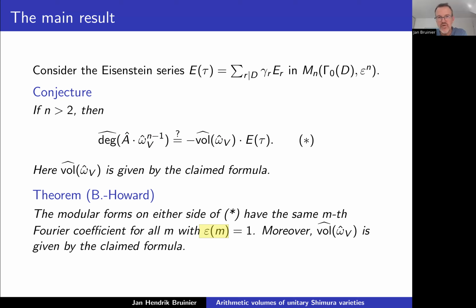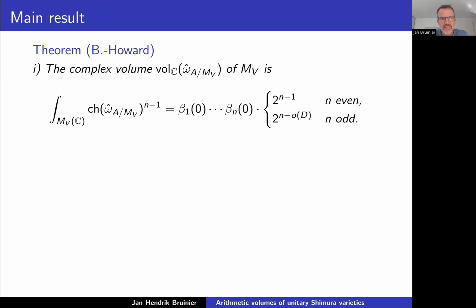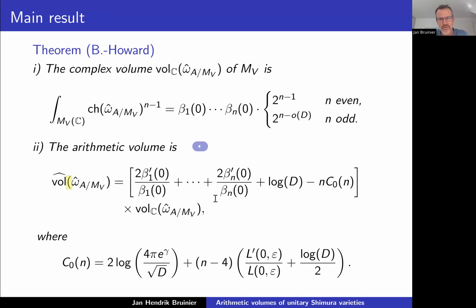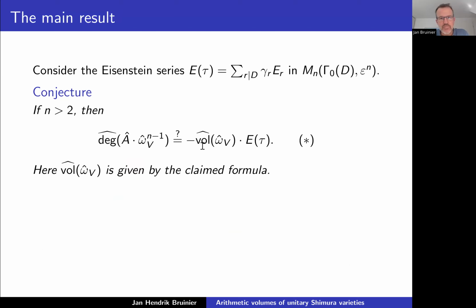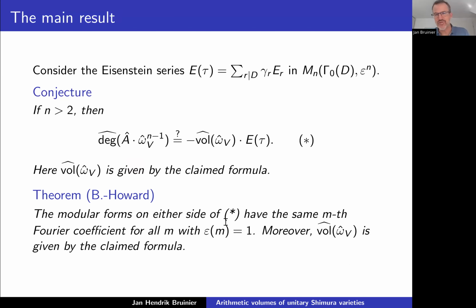And also the constant term, so the arithmetic volume, is given by this claimed formula. And remember, the claimed formula, what was this formula here? It is this somewhat lengthy formula, but an explicit linear combination of logarithmic derivatives of these Dirichlet L-functions.